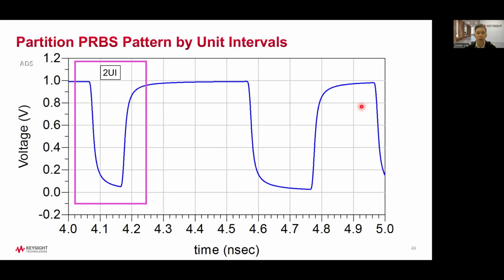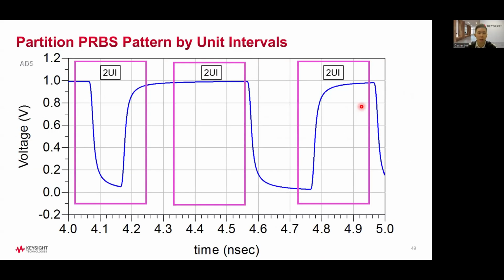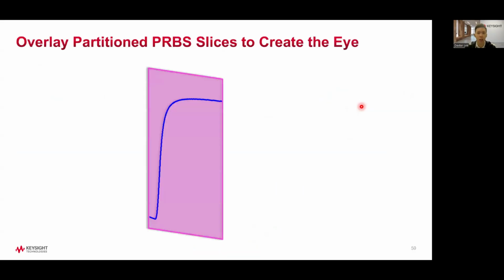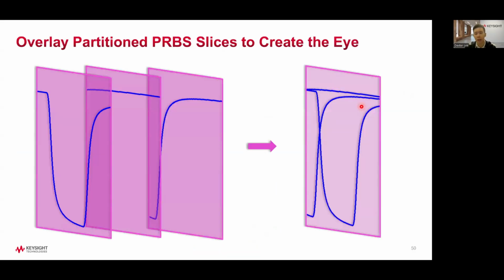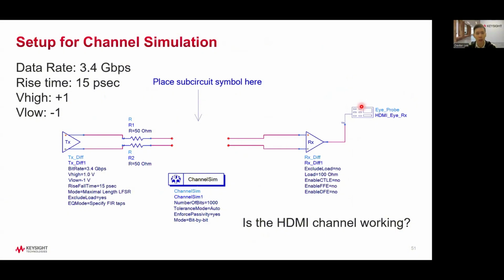We also talked about how the eye diagram is created, looking at 2UI and overlaying them, and this creates the eye for us. All right. So we're going to look at the channel simulator, adding in some of the transmitter and receiver models to understand whether our HDMI channel is working properly or not.